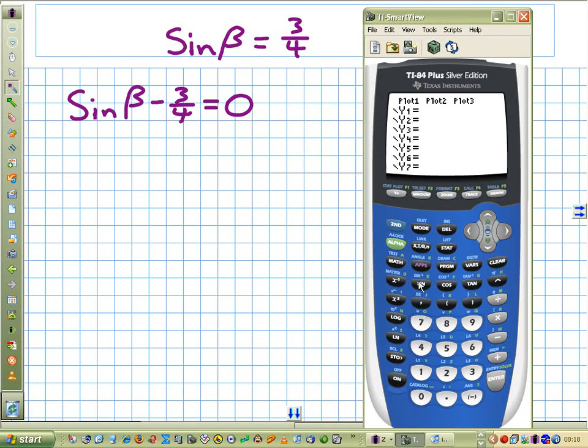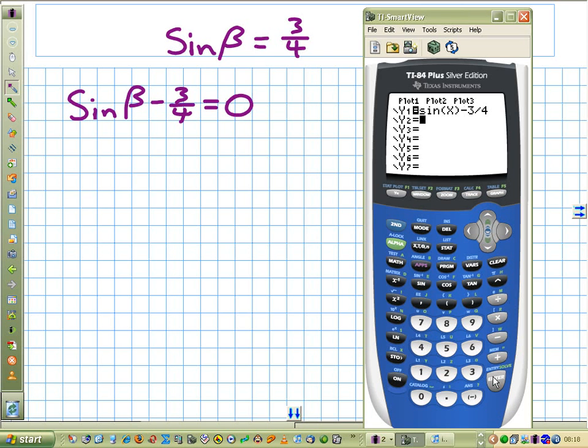We use x just because that's the variable that the calculator provides us. We don't have a beta, so I'll just use x. Okay, so we have sine x minus 3/4.